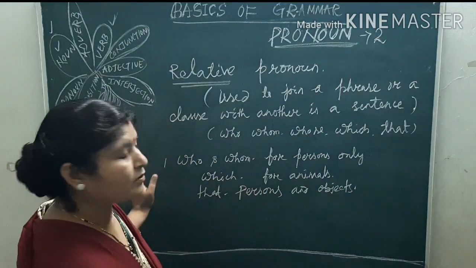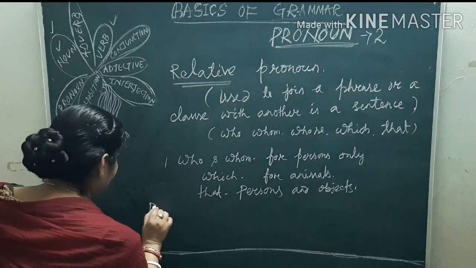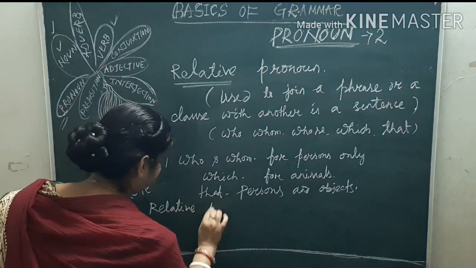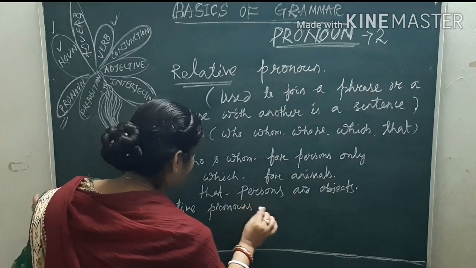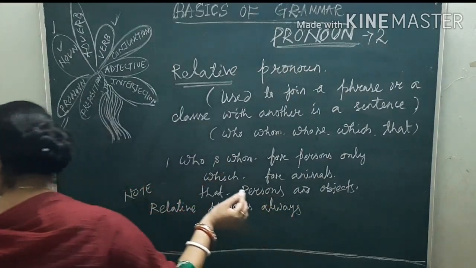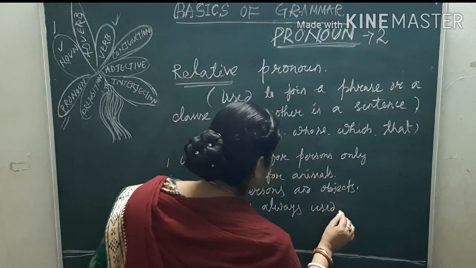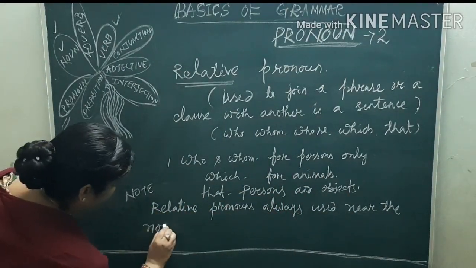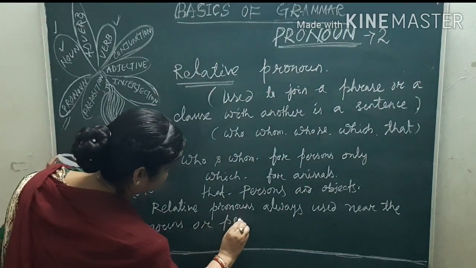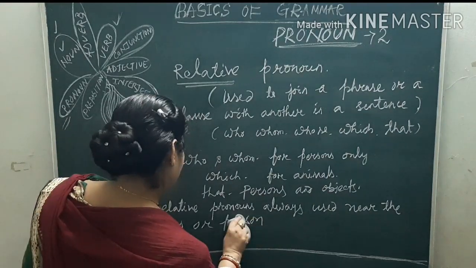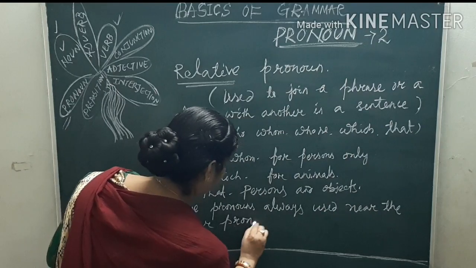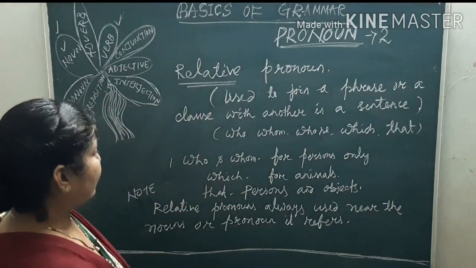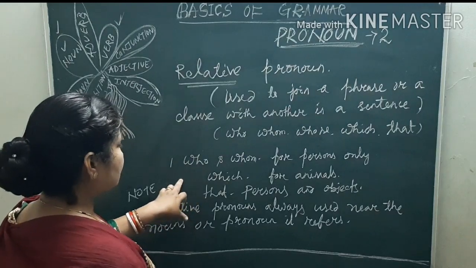But whenever we are joining with relative pronouns, note it: they are always used near the noun or pronoun they refer to. For example, this is my pen.